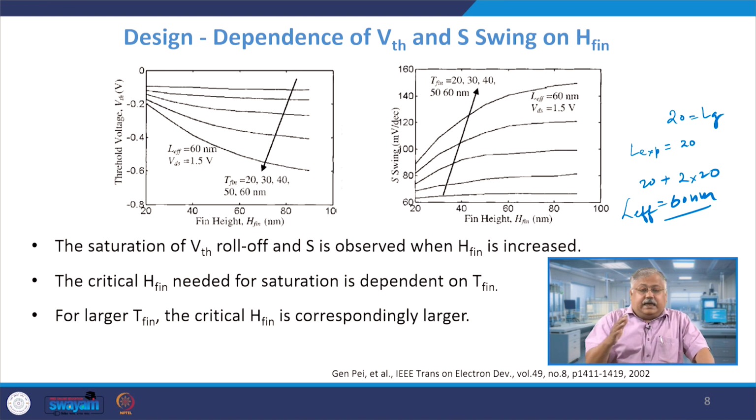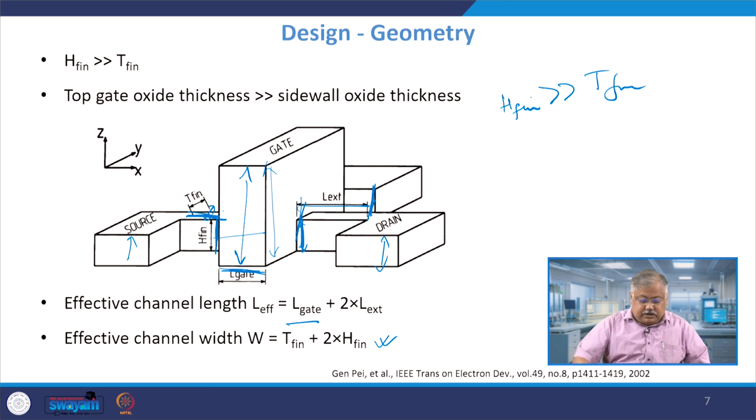The second observation is, as the thickness of the fin material goes on increasing, the threshold voltage increases. That is also perfectly fine, because when you increase thickness, your electric field reduces. Electric field where? In the transverse direction, in this direction.